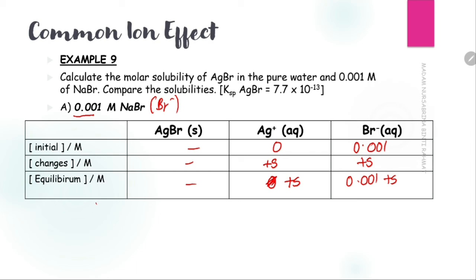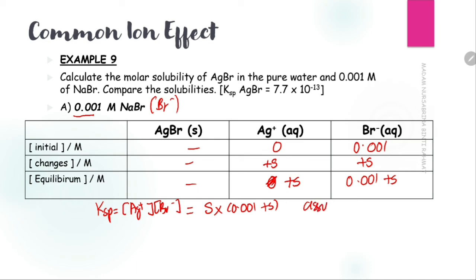So if we write down the KSP, now we have S multiplied by 0.001 plus S. Here we can make an assumption by considering that S is very small.